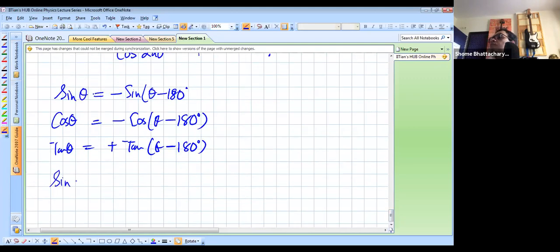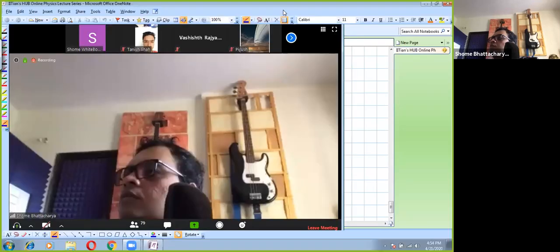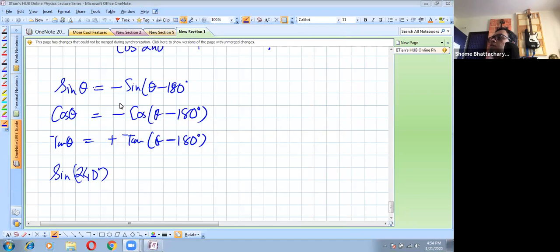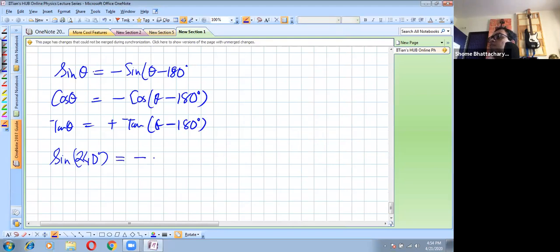So here, as you can see, sine of 240 degrees should become minus of sine of 240 minus 180.